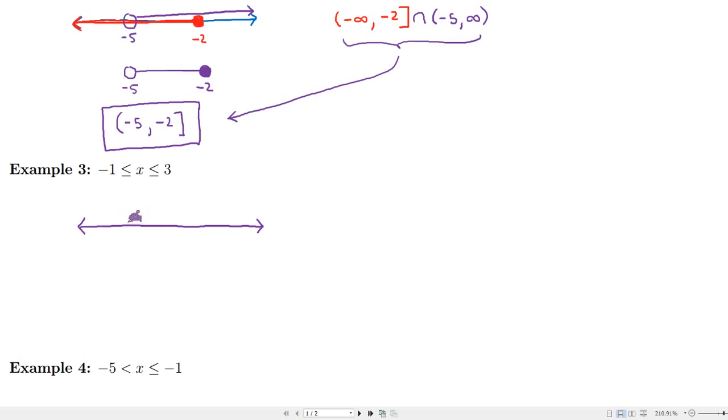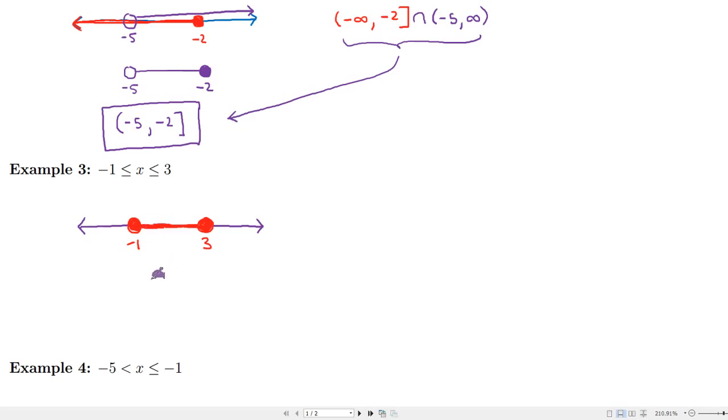So what do we have? We have a -1 and a 3. So -1. Now, since we're including -1, we want to fill that in. And 3, we're also going to include that, so we'll fill that in. And then we're going to look at all the values that are in between these two.